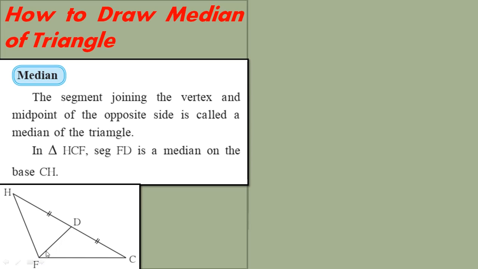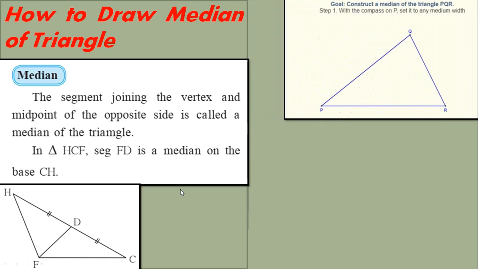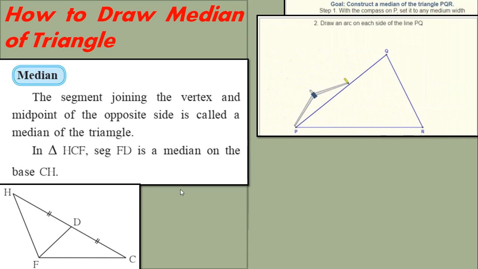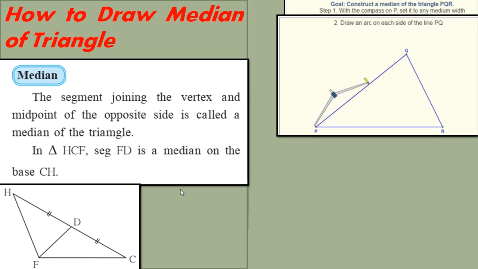Now we will see how to draw the median. So first, step 1, with the compass on P, set it to any width. So you take the distance in the compass more than half of PQ, and with center P draw one arc cutting PQ.